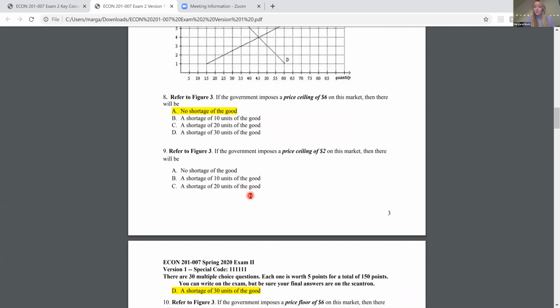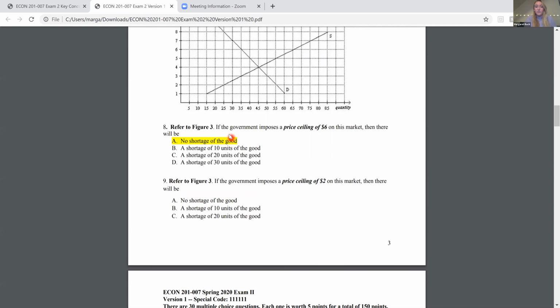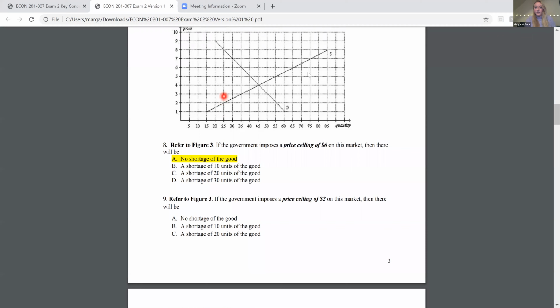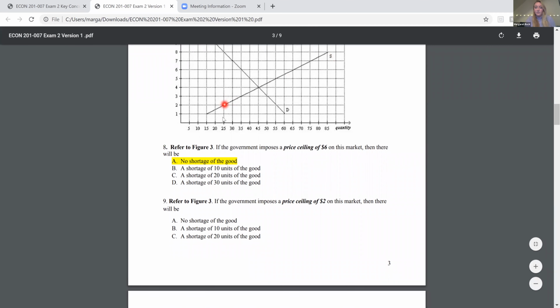How much of a shortage is this going to cause? Well, you just essentially have to see where this new price ceiling intersects both the demand curve and the supply curve. So if we are at this $2 and we walk along, we see, okay, 25 is the quantity that suppliers are willing to supply at this new lower price.